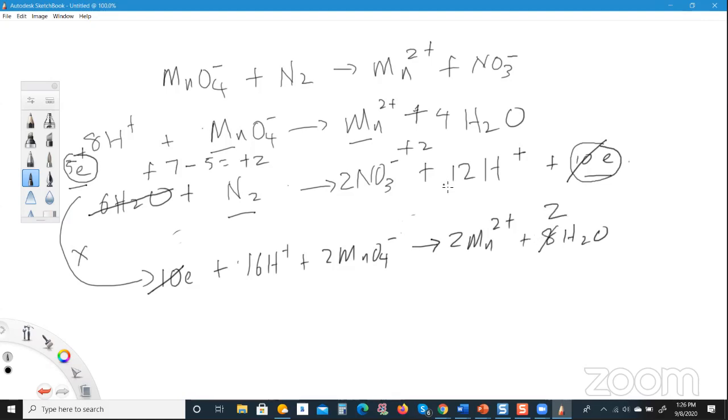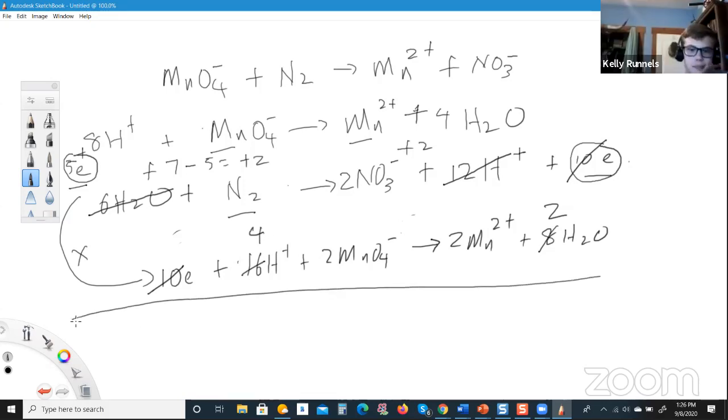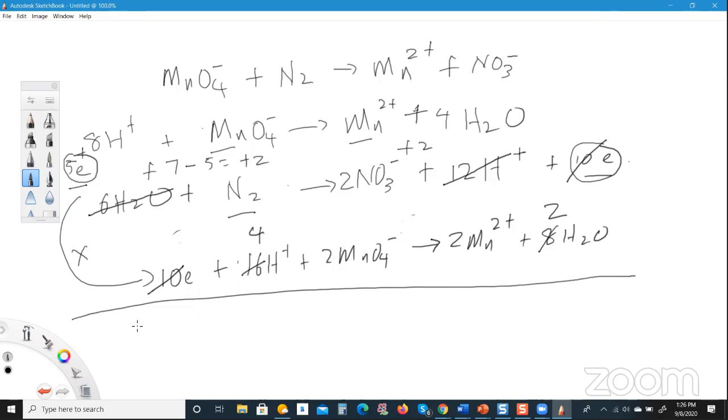And these 12 hydrogen ions will cancel out 12 of these, leaving behind 4, right? And then we add them up. We add what's left, and that would be N2 plus 4 hydrogen ions plus 2 MnO4 minus.